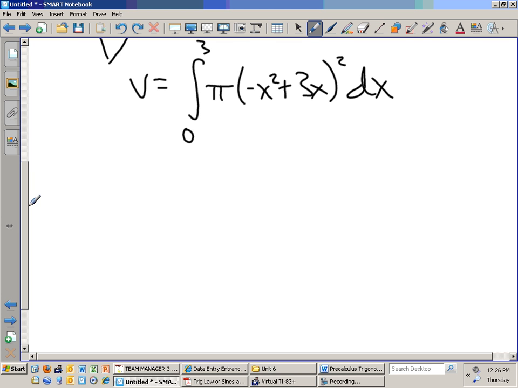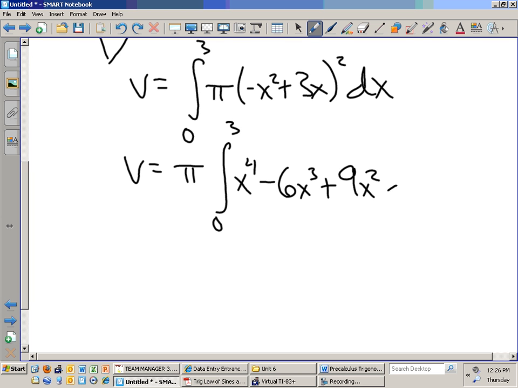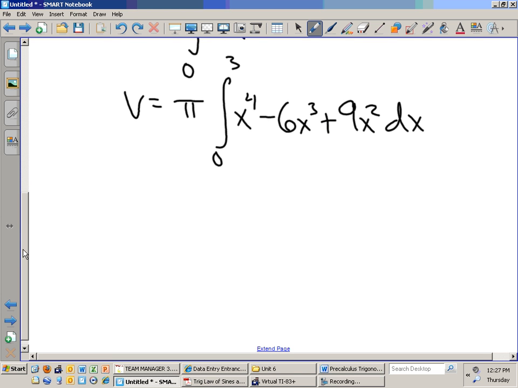So we have the volume is equal to pi times our integral from 0 to 3 of, we square this out, you should get x to the 4th minus 6x to the 3rd plus 9x squared. Okay.